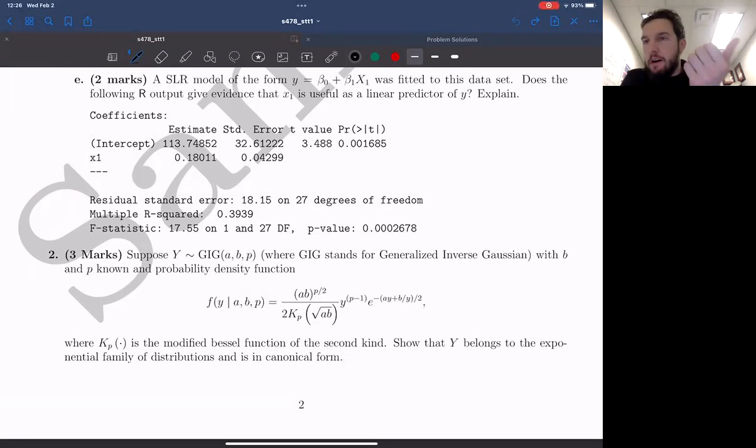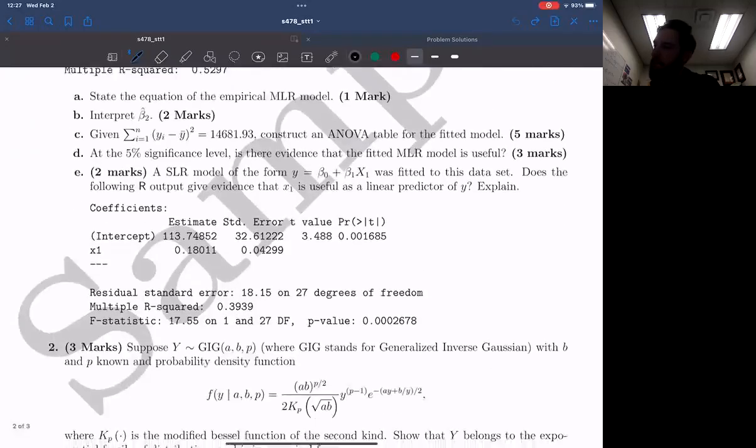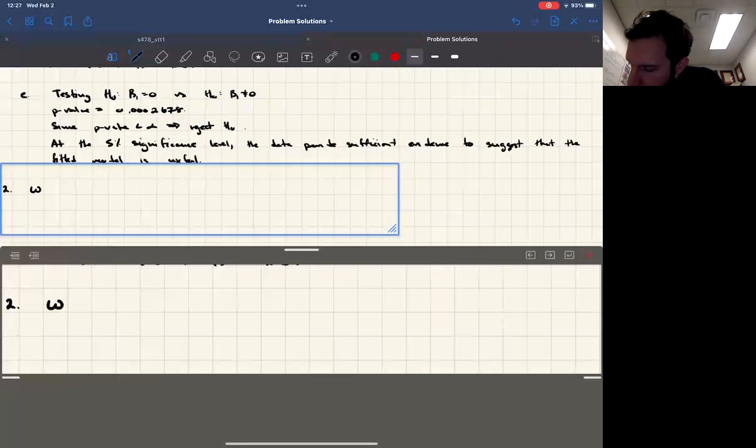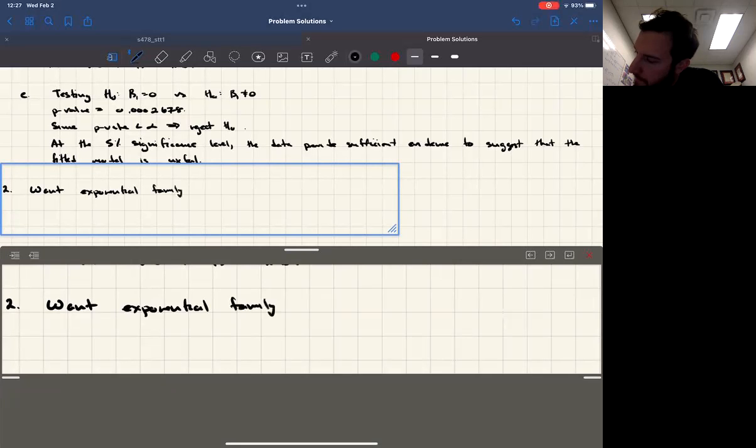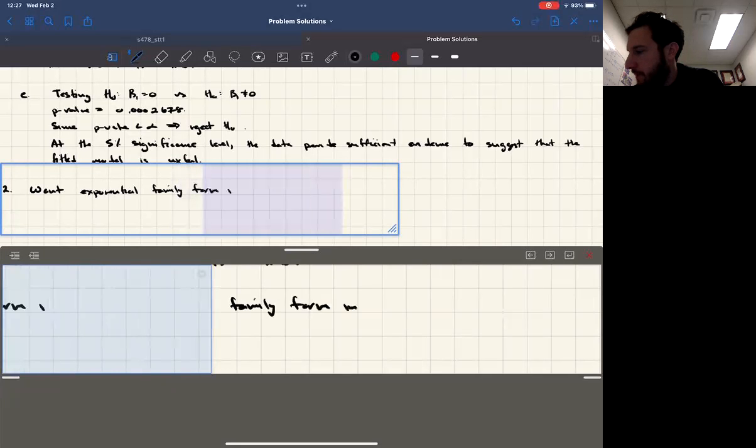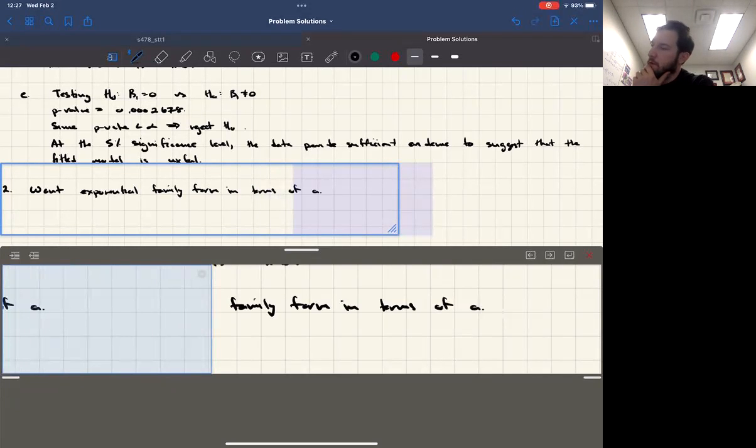All right, so because B and P are known, we're going to find the exponential family formulation in terms of the parameter A. Okay, so that's the first hint. Because B and P are known, we can consider them constants.